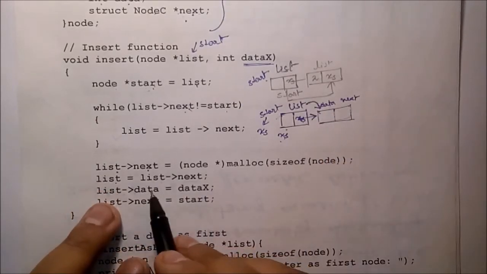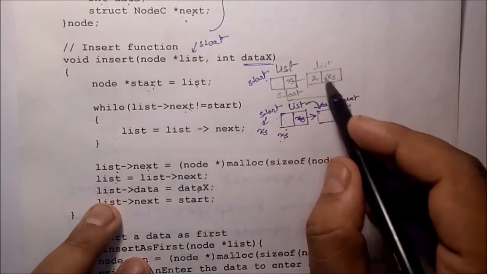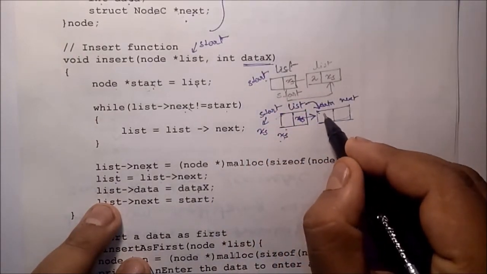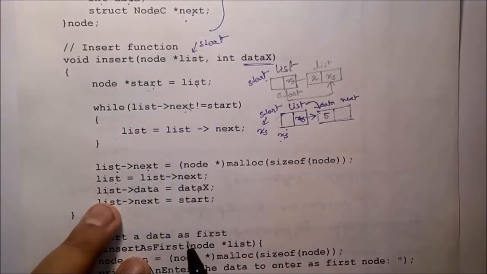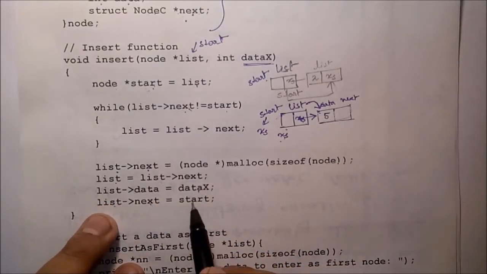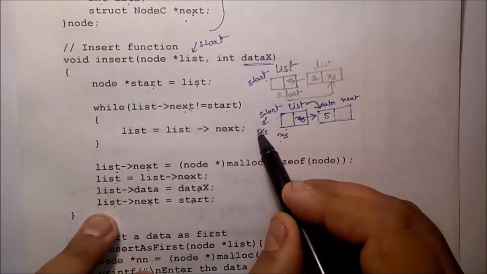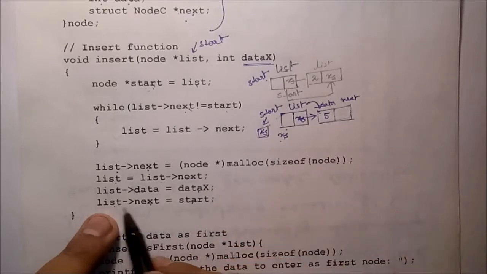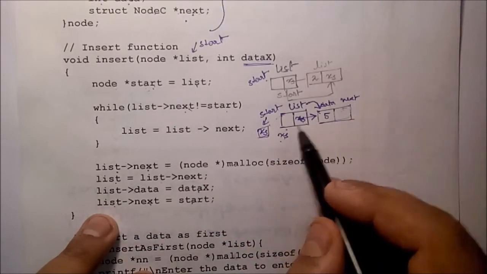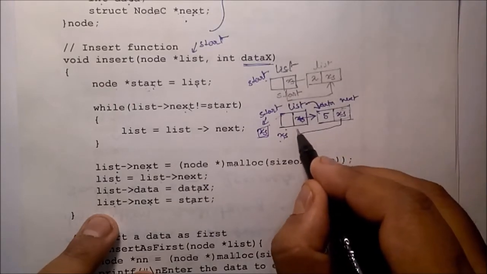List data is equal to data x. Now data x is what you want to store, suppose you want to store 5, so we can store 5. And list next is equal to start. In start we always hold the address of the first node. List next means here we store the address of the first node, so it is xx. That means we are doing this one.